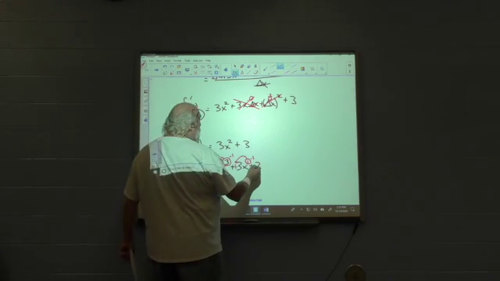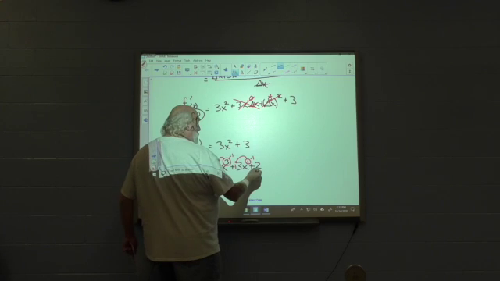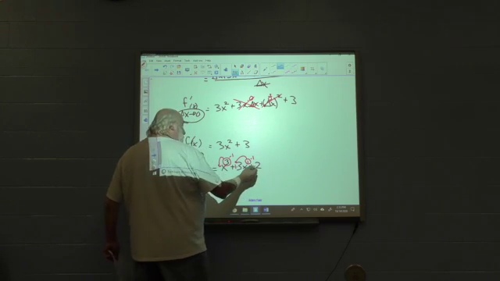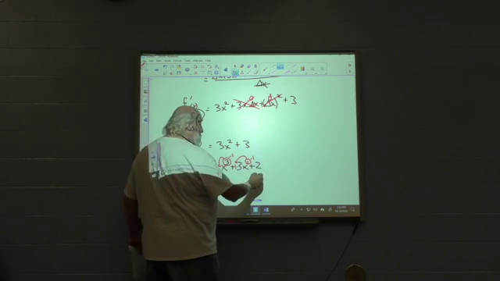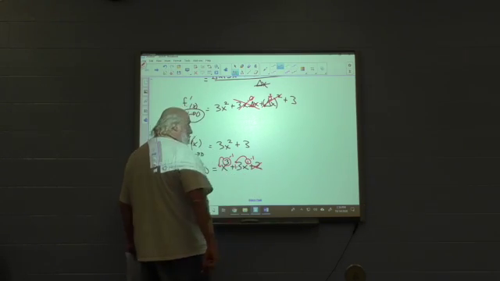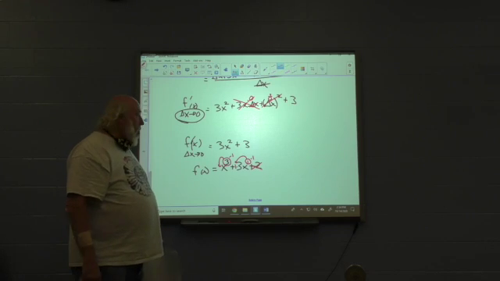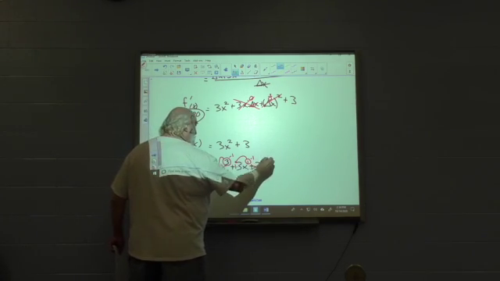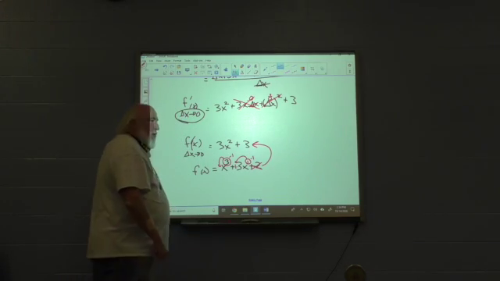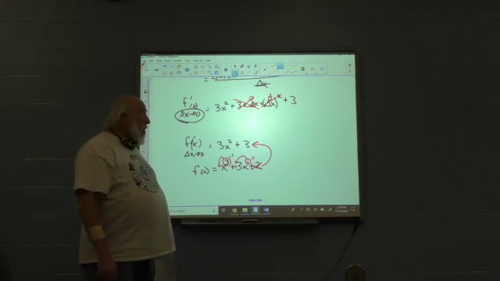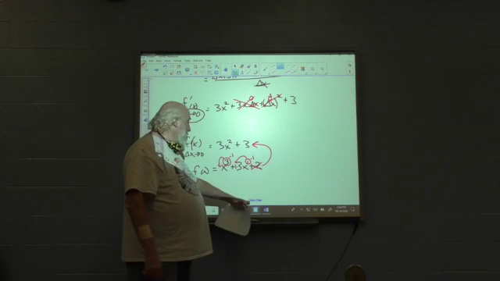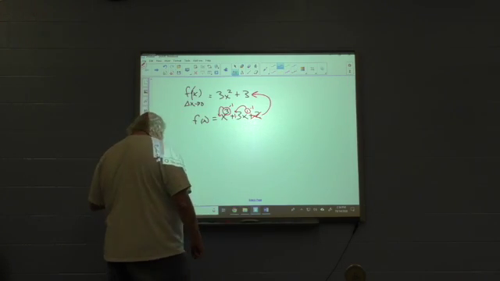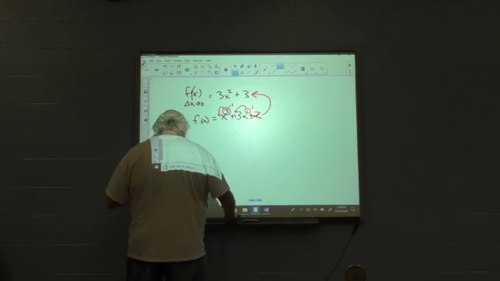And then we just found out with the constant rule that the derivative of a constant, like a number 2, is 0. So that eliminates itself. So when you go through this configuration right here, you get 3x plus 3. Life is really nice.